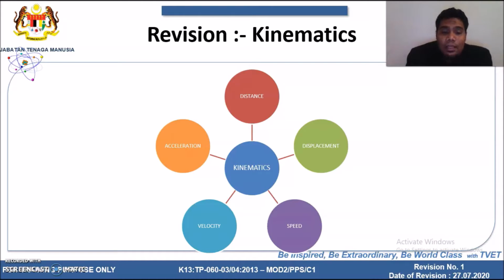And then velocity, rate of change of displacement. Velocity is a vector quantity where have magnitude and direction. Another one is acceleration, or pecutan, is a vector quantity which have magnitude and direction.